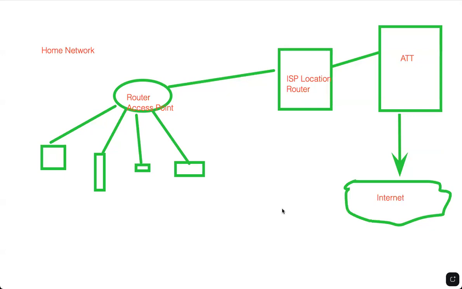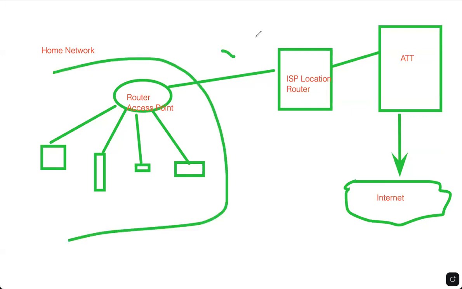From your home network perspective, till here you will be owning it in your home network. From here, the ISP will take care of sending you out to the internet.